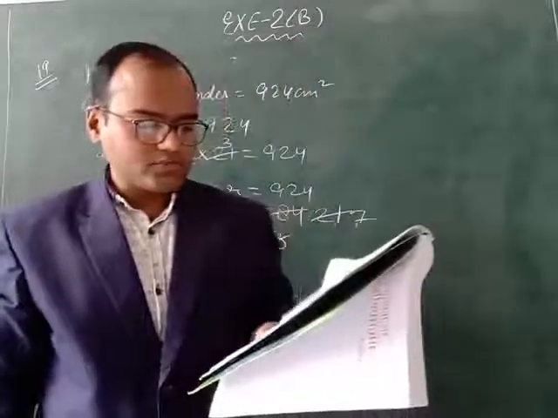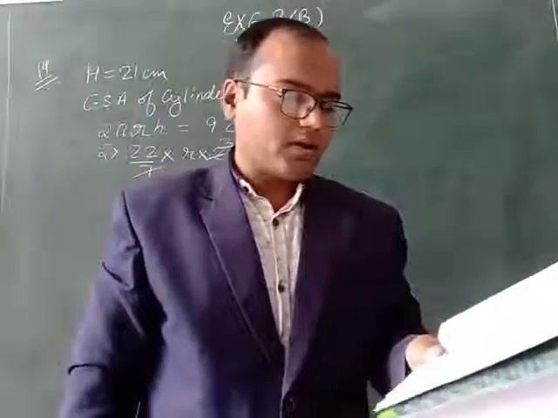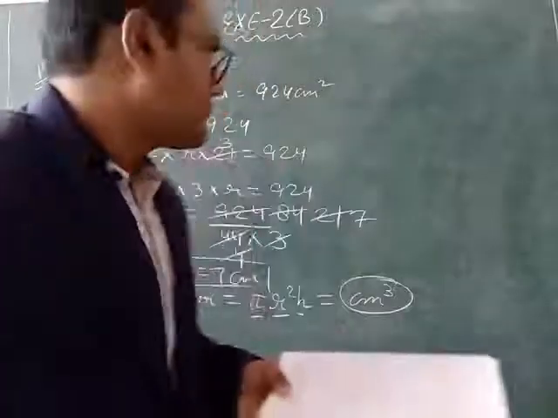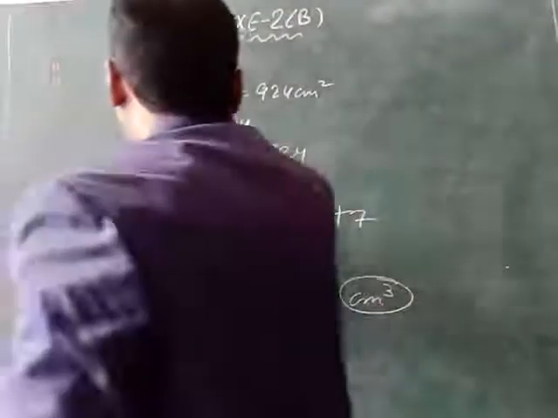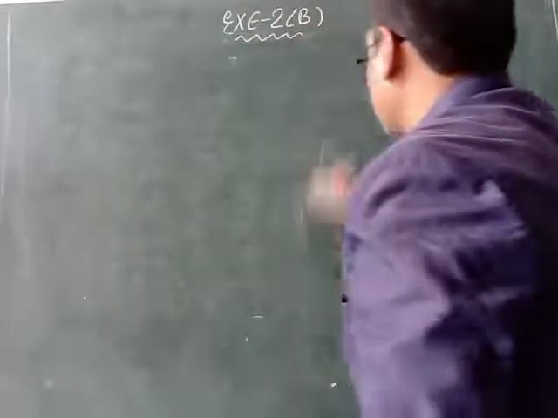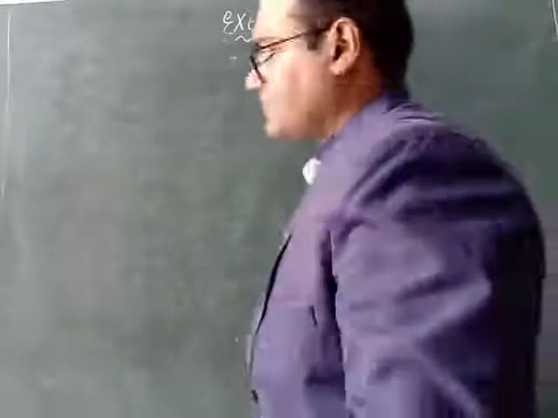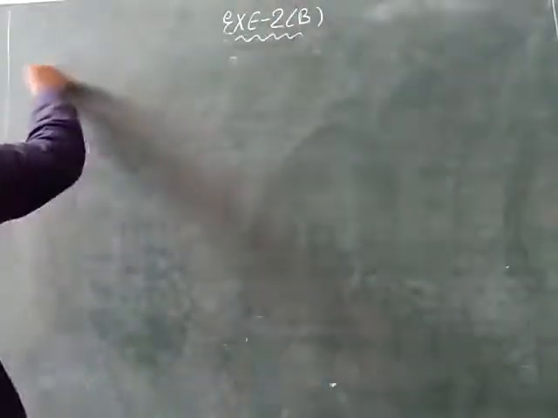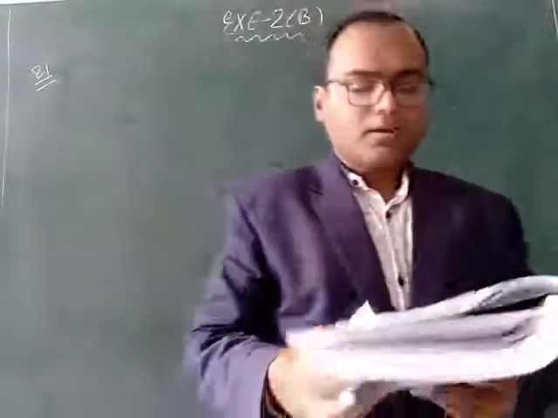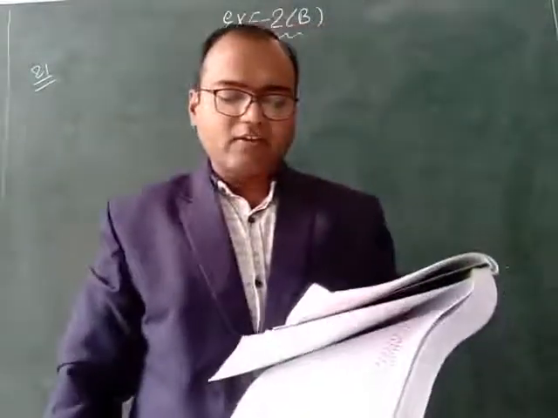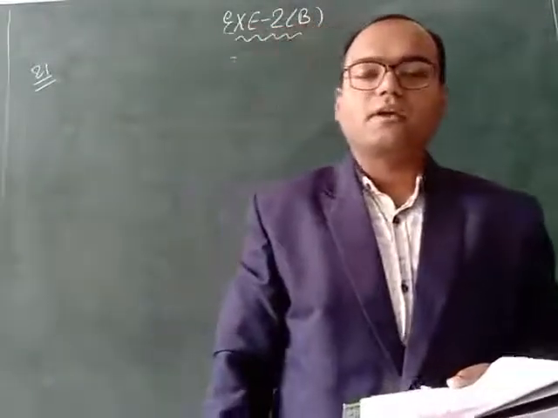Now see another question. Question number 21. The question is, the radius and height of the cylinder are in the ratio 7:3.